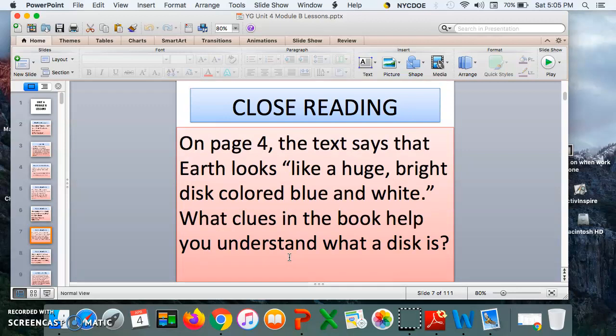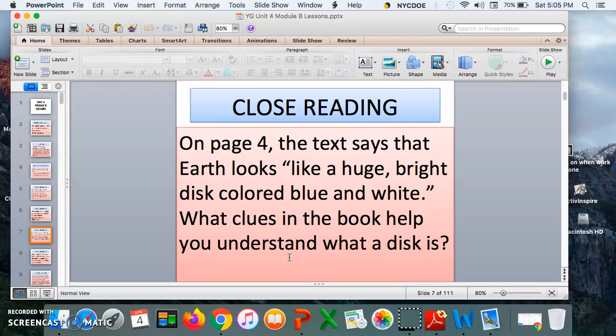Next question. On page 4, the text says that Earth looks like a huge bright disk colored blue and white. What clues in the book help you understand what a disk is? For this question, you would go back to page 4 of the text and look for where it says that, and then try to understand what it's asking you.